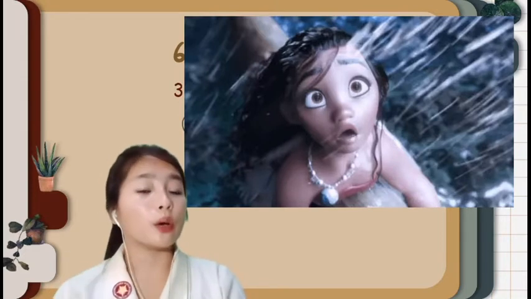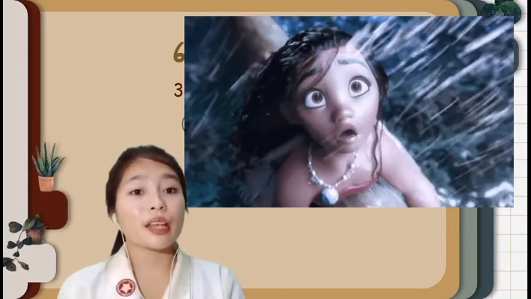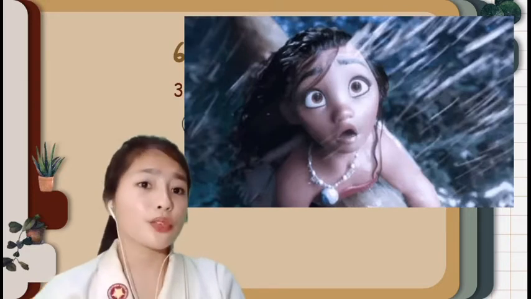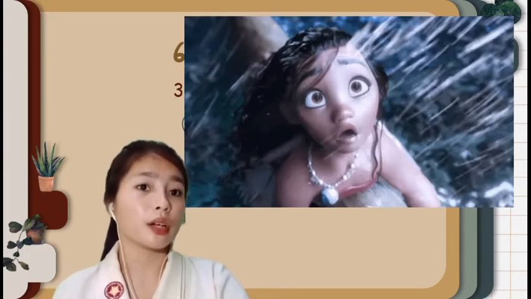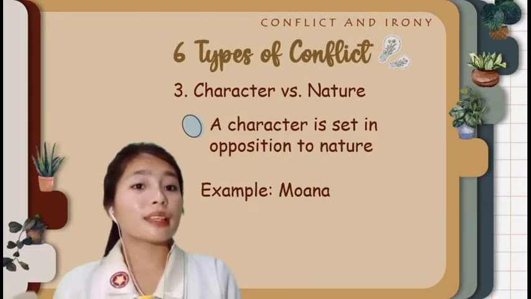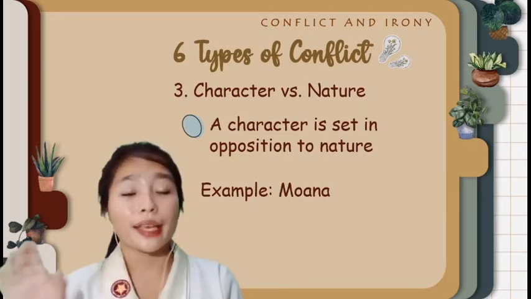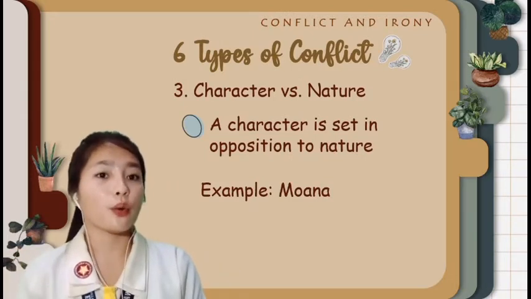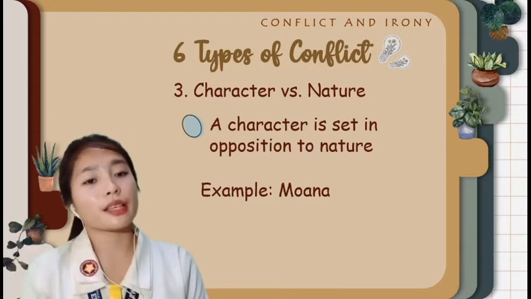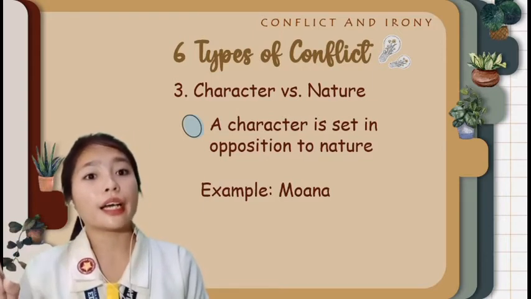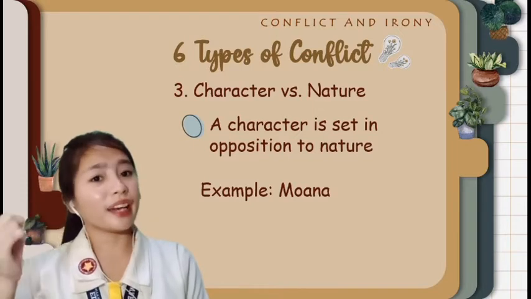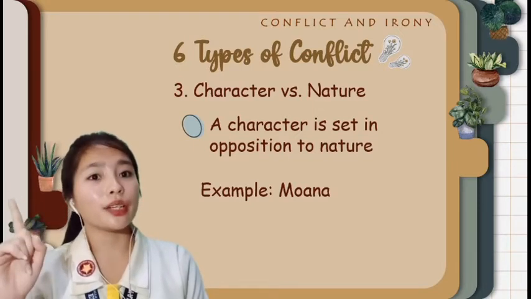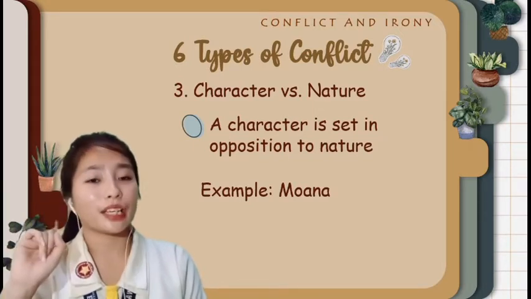In finding her way home, she faces many struggles, right? So it is considered as character versus nature because the things they face beyond their control. So take note and just keep in mind that in character versus nature, it is opposition with nature.